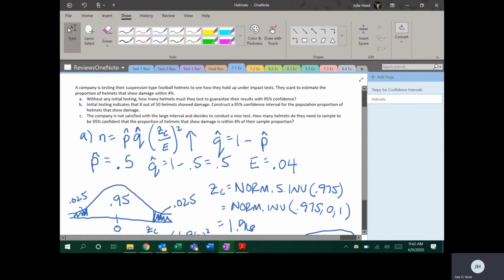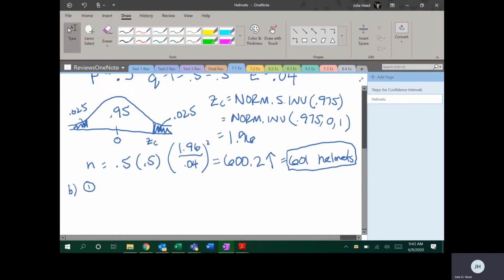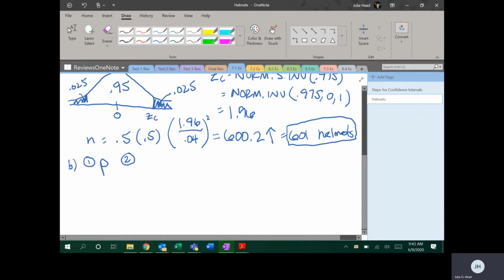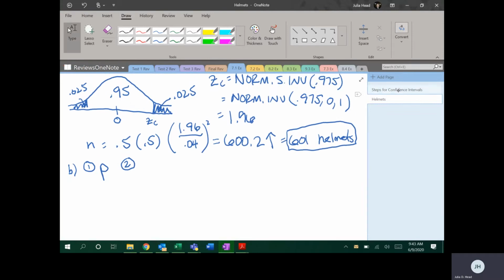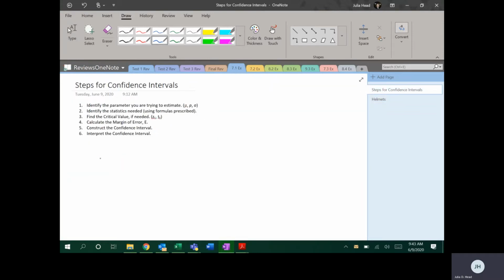So the parameter, it says construct a 95% confidence interval for the population proportion. So we're trying to estimate P. Then there are statistics that we need. I'll go back to the steps for the confidence interval to write it down.